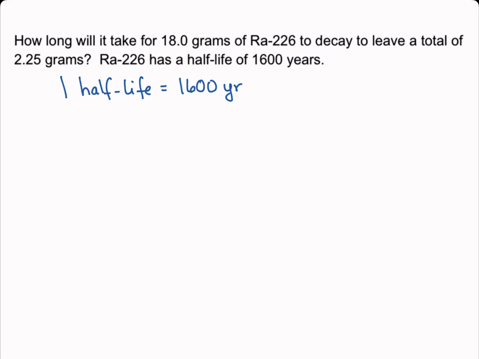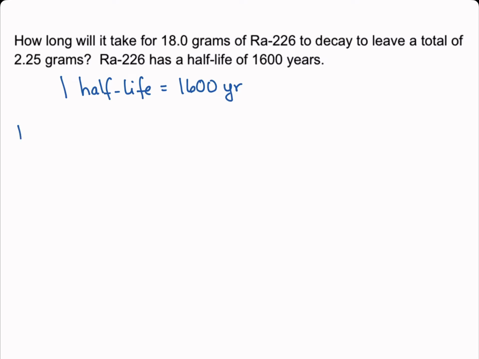Now this one is going to go in the opposite direction. They've given us an original sample of 18 grams and it decayed to 2.25 grams. And we want to know the time.